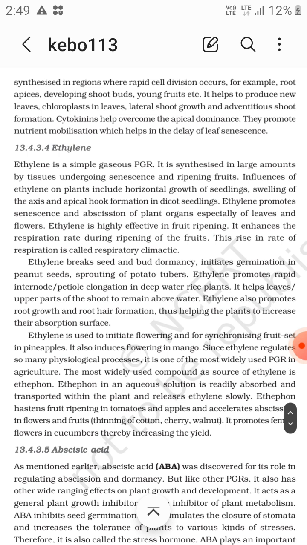Now ethylene. Ethylene is a simple gaseous PGR. Ethylene is synthesized in large amounts by tissues undergoing senescence and by ripening fruits.